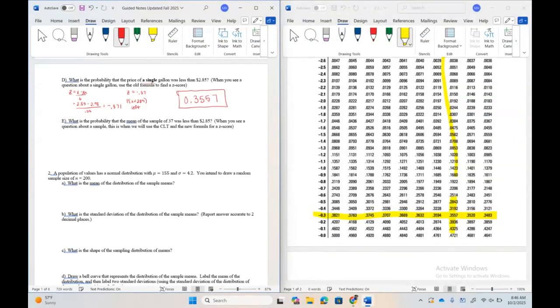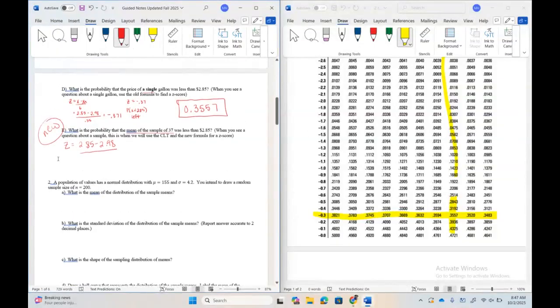Okay, now what is the probability that the mean of the samples? Since we have that keyword samples, now we're going to do the new formula for Z. So now we're going to do the sample mean, 2.85 minus the population, 2.98. This time it's divided by our new standard deviation, which you can do one of 2 ways.